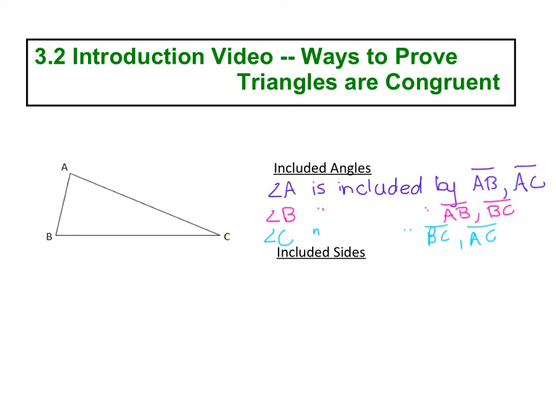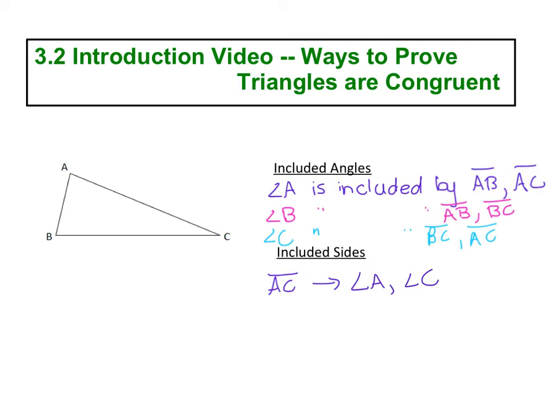All right, so what are our included sides? So side AC is included between which two angles? So find side AC, and it's between angle A and angle C. Does that make sense what I'm doing? I'm kind of not writing in the "is included between" piece.